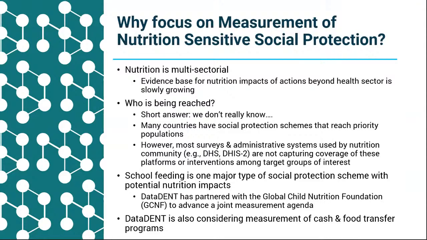So school feeding is a great example of one of the major types of social protection schemes that have potential nutrition impacts. And so DataDent has partnered with the Global Children's Nutrition Foundation to advance a joint measurement agenda. And we're also thinking a bit about cash and food transfer programs. And so that's the work you're going to hear about today.